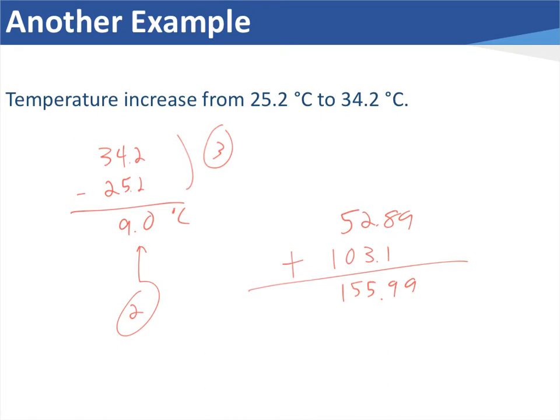Well, if this first number goes 2 places past the decimal, and the second number only goes 1 place past the decimal, so I would need to round my answer 1 place past the decimal. After the 9 is a 9, so I'm going to round up, so I would get 156.0 rounded to the tenths. I don't think this scenario happens very often in measurements because you're often using the same equipment for measurements that you're adding or subtracting. But just in case, I wanted to give you that example.